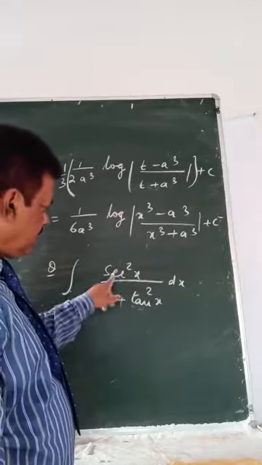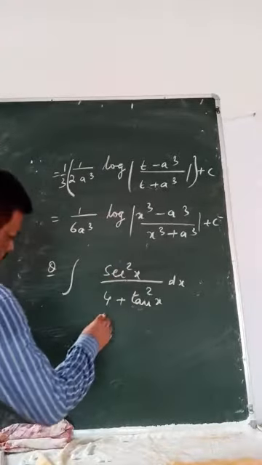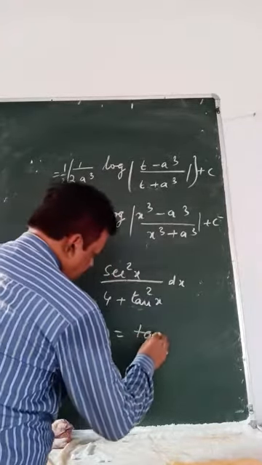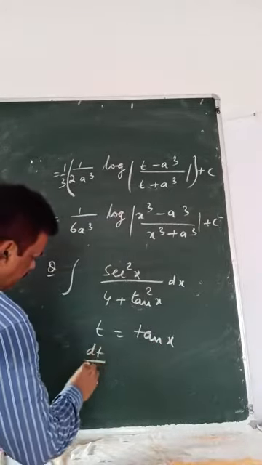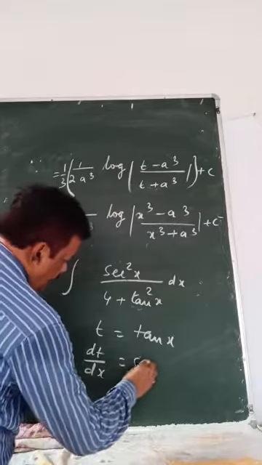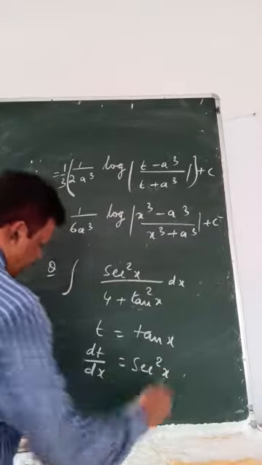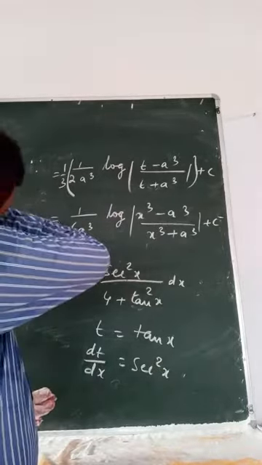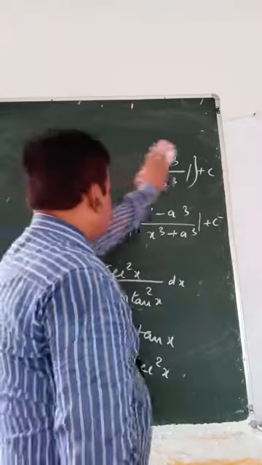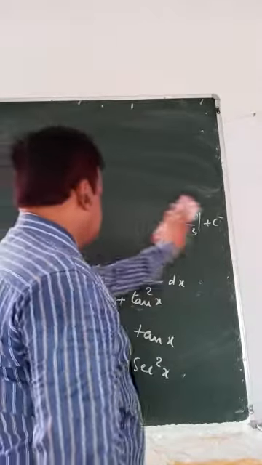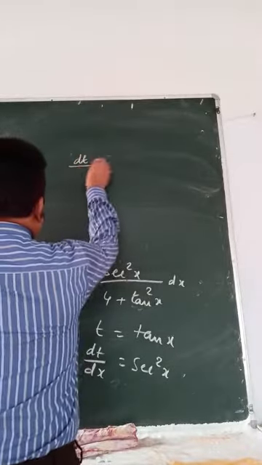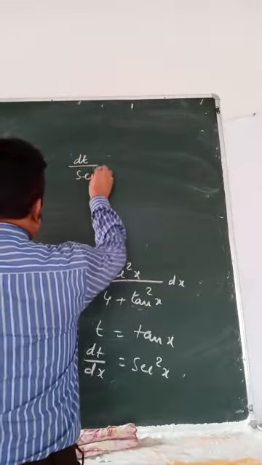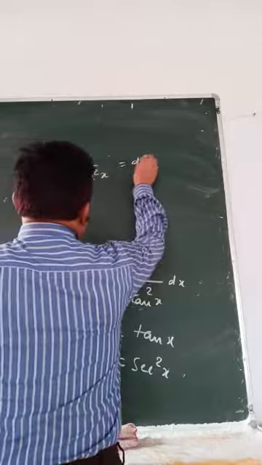The derivative of tan x is sec square x. So put t equals tan x. dt by dx equals sec square x. Okay. So dt by sec square x equals dx.